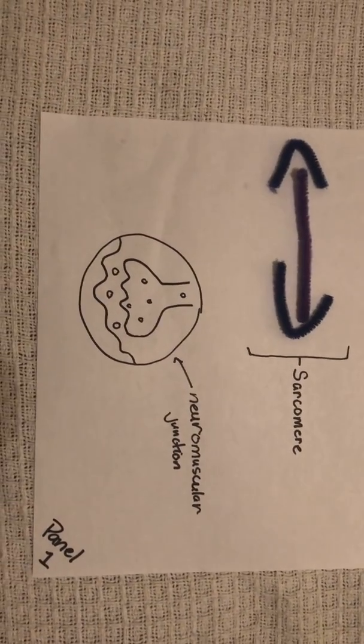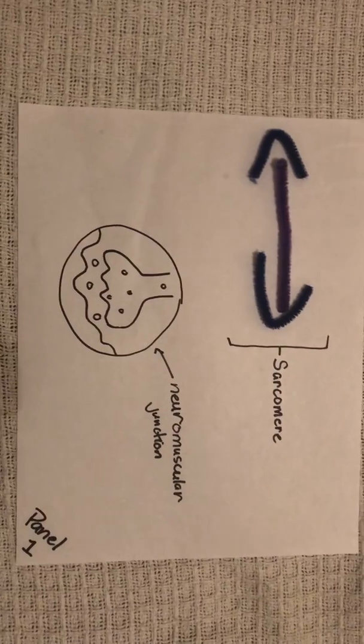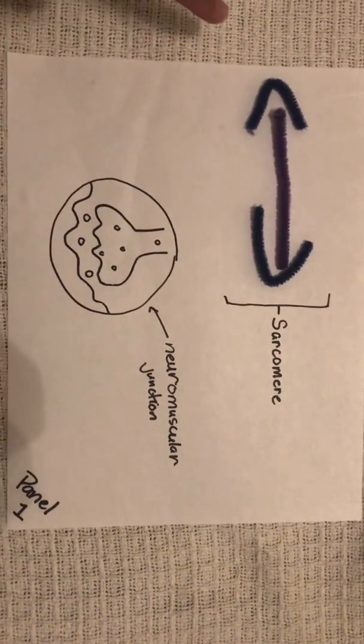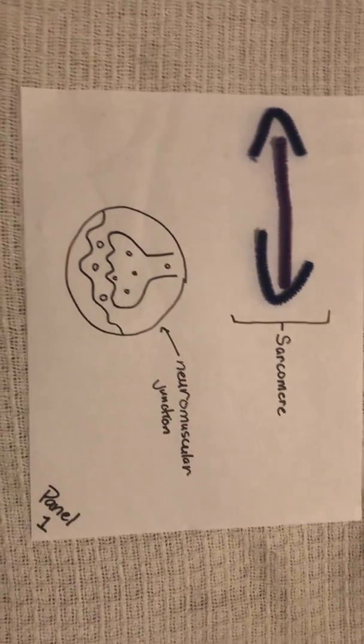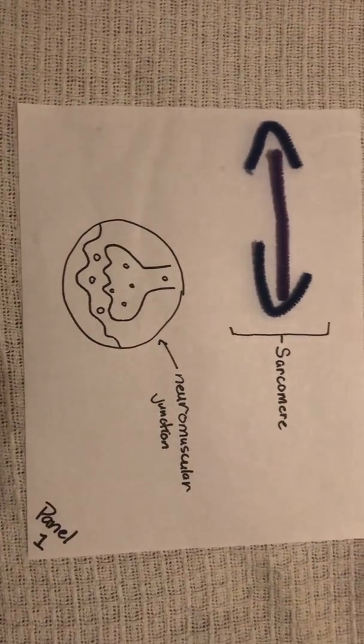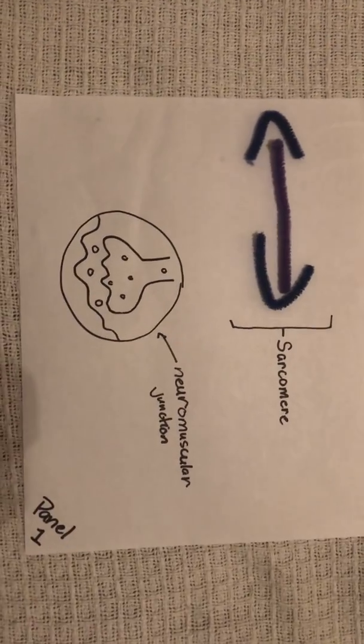The sarcomere is built up of the main middle strand, which is myosin, and the outer strands, which are actin. These two help the muscle to move.